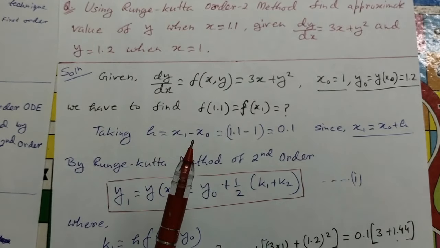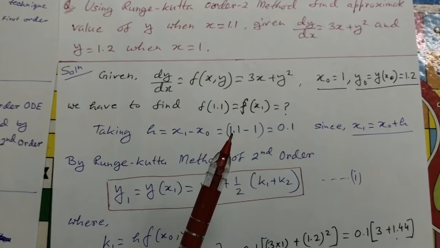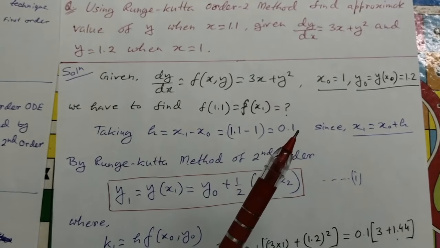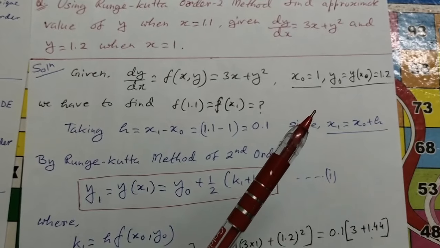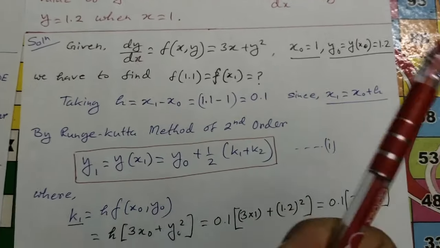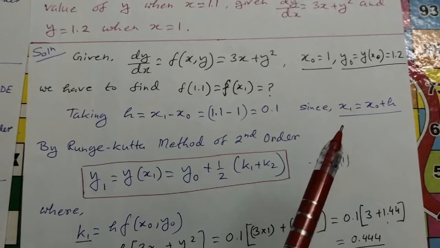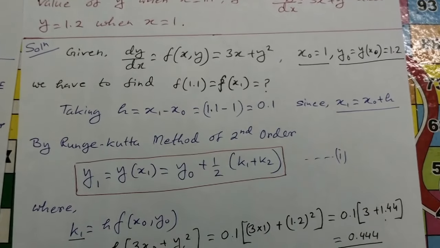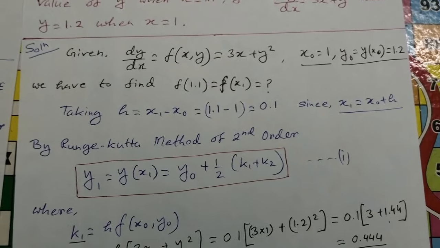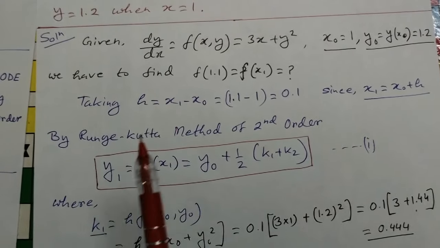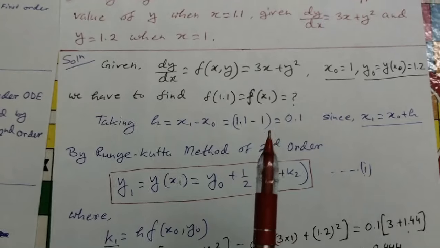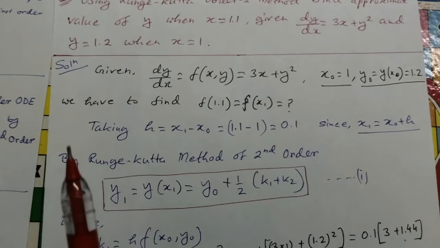So h equals x1 minus x0, that is 1.1 minus 1 equals 0.1, since x1 equals x0 plus h. We got this from the previous section of this video. So we get h equals 0.1.